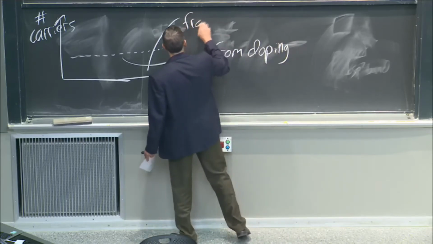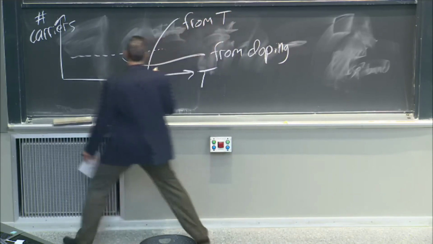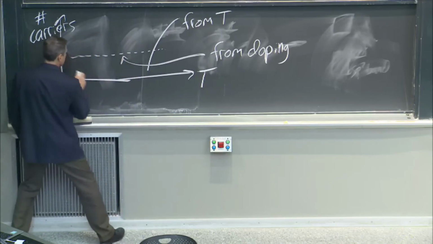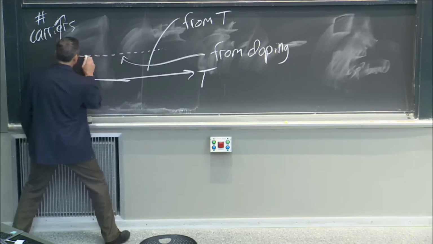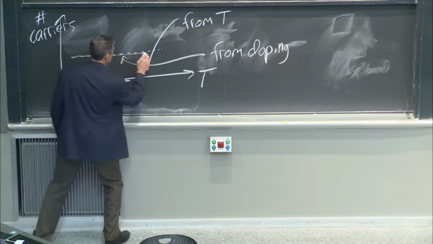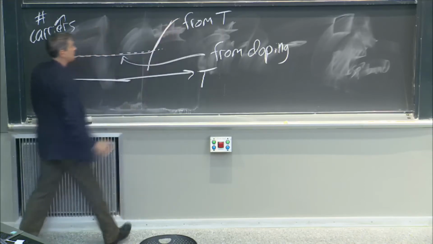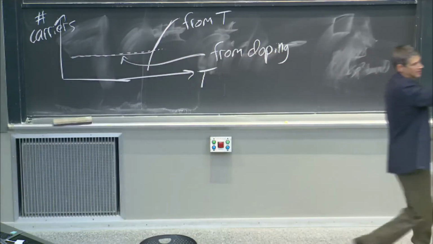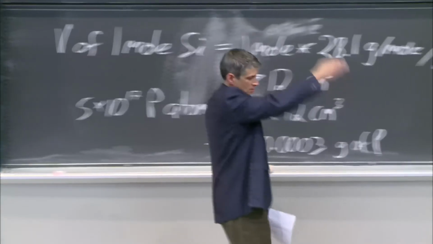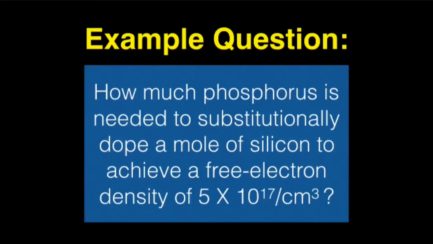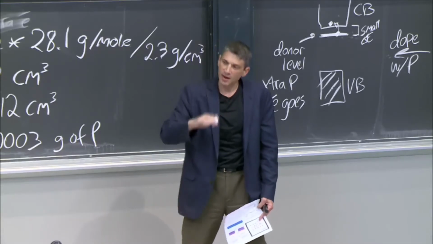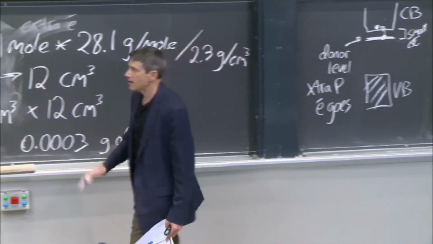At a certain point, the temperature is going to be so hot that I'm adding electrons even beyond this, but you saw what temperatures are at 1,000 degrees Kelvin. This allows me to have a predictable flat number of carriers in the conduction band no matter the temperature.